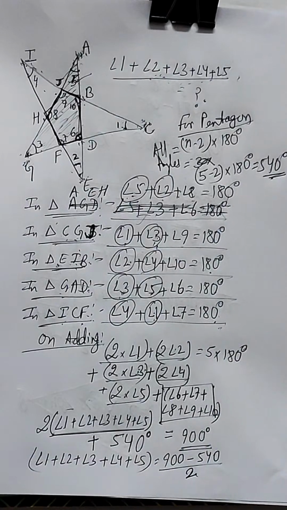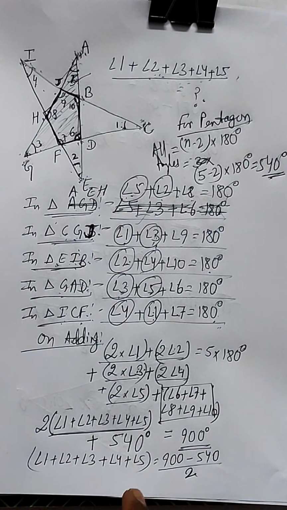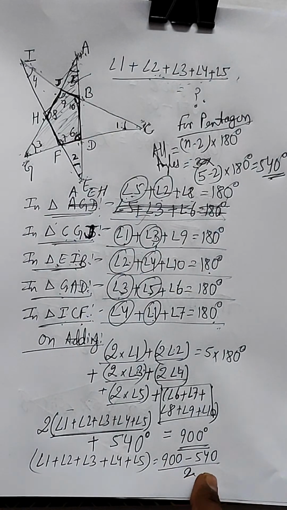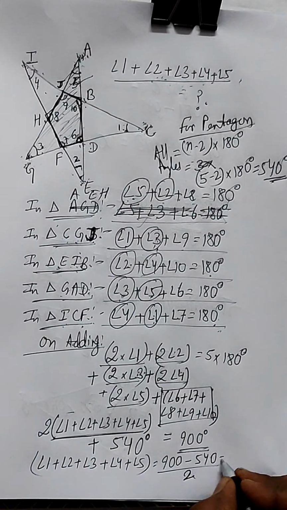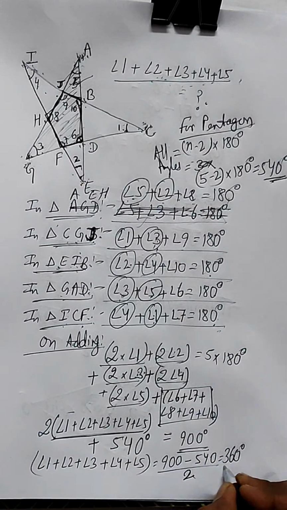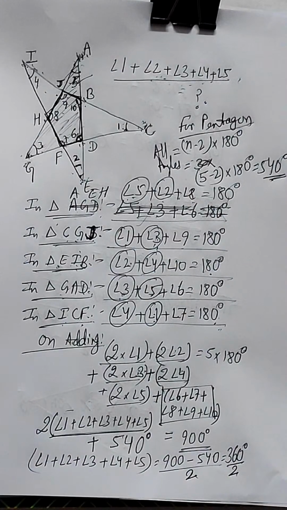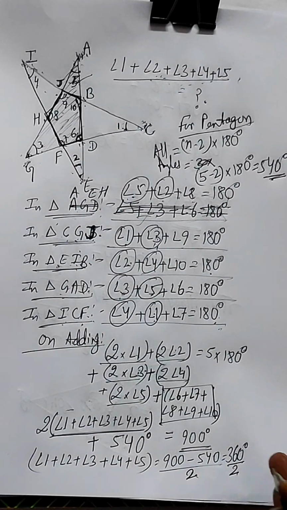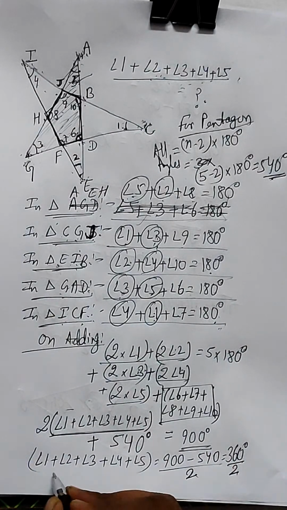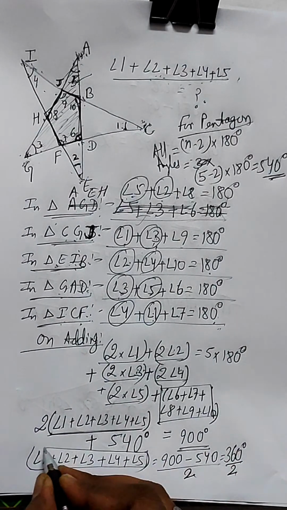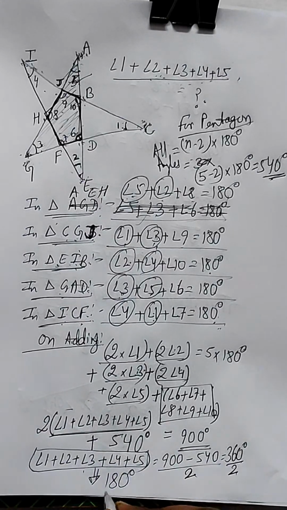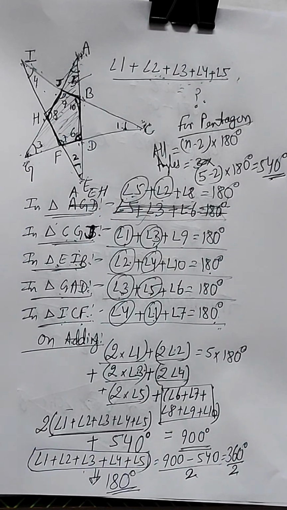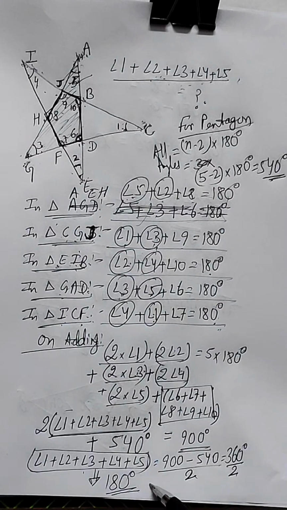Hope you got it. 900 minus 540 is coming as 360, so it will be 360 degrees divided by 2. And the value of 360 divided by 2 is 180 degrees. So we can say that 1 plus 2 plus 3 plus 4 plus 5 has a value of 180 degrees. So this is our answer, right?